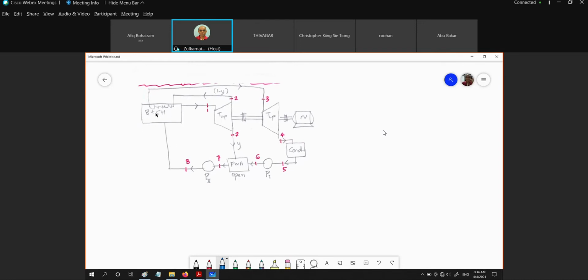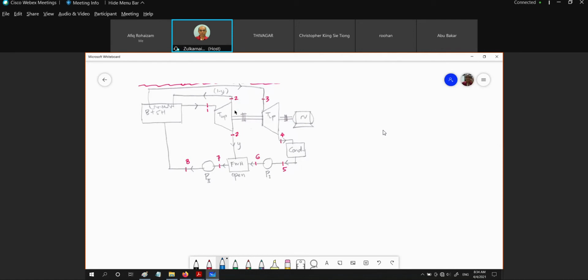We have boiler right here, we have superheater in here, then we are going to get the steam going into the turbine, which we have the high pressure turbine. Then we are going to divide two flow. One is the flow to the feed water heater, which is an open type.